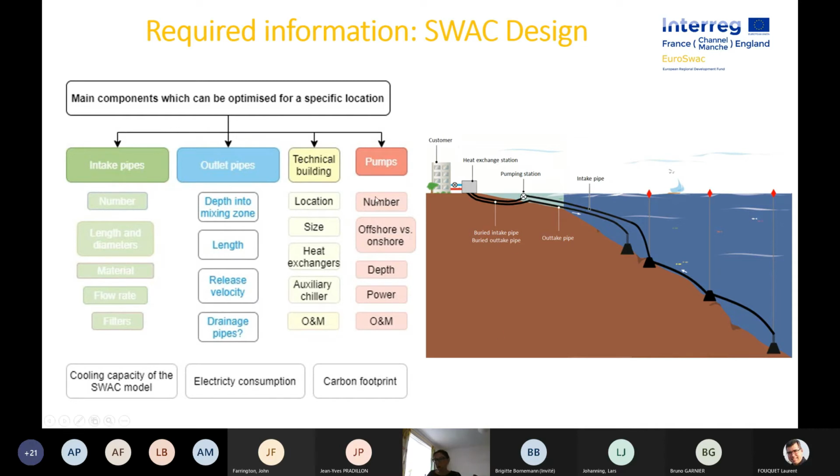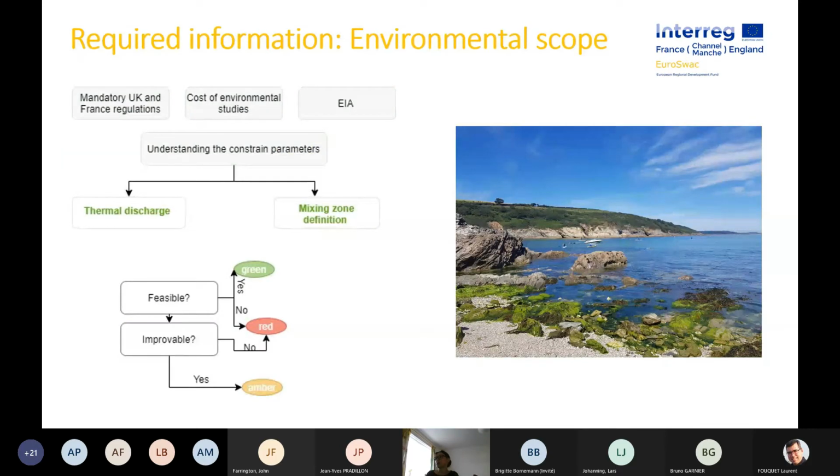Once this is all optimized, we will look at the cooling capacity of the SWAC model, its electricity consumption, and also the carbon footprint left. We'll go into environmental scope, or maybe not later, it will run all in parallel.